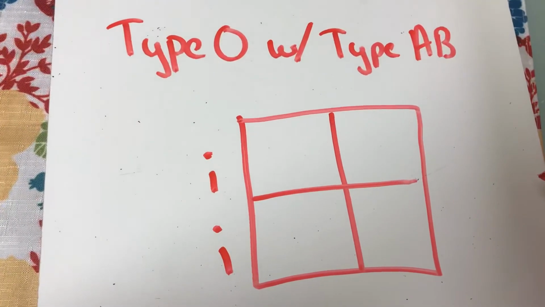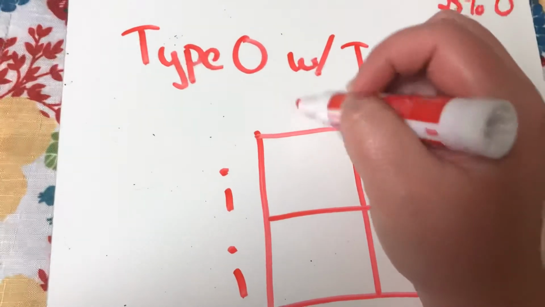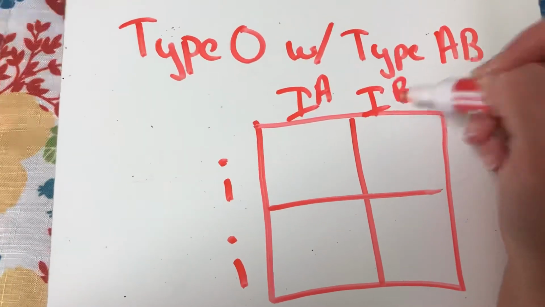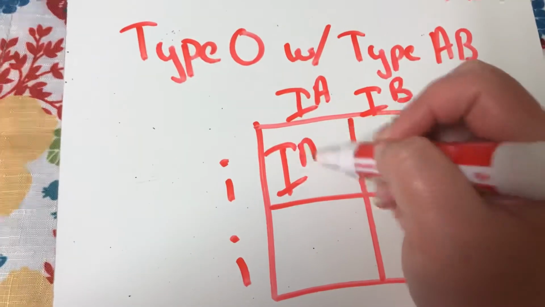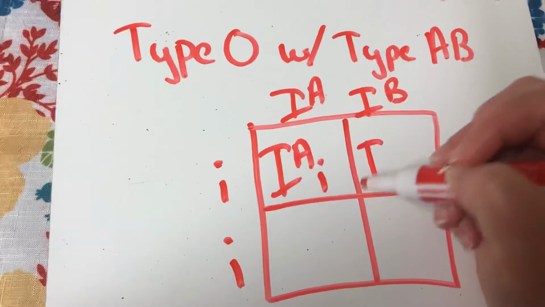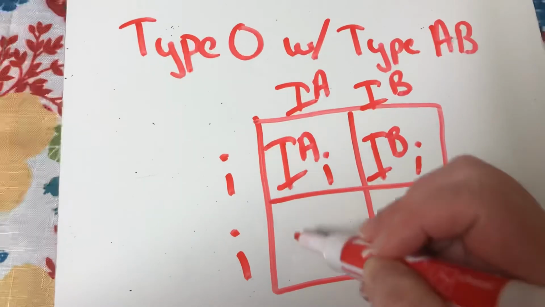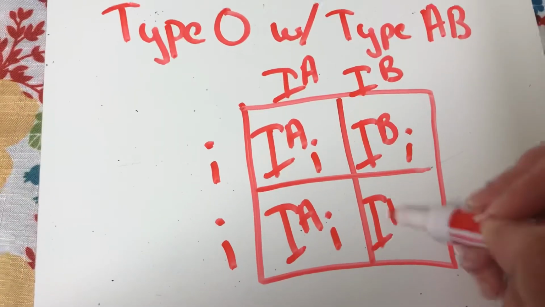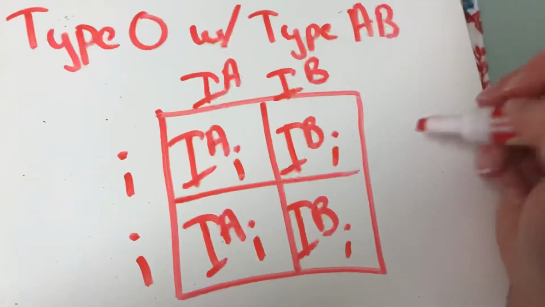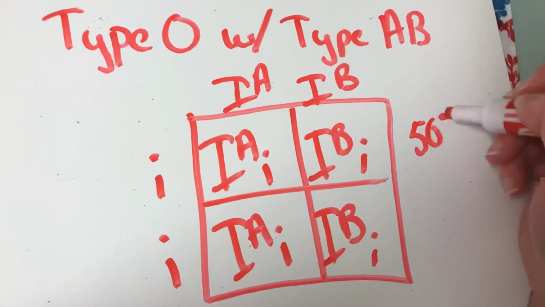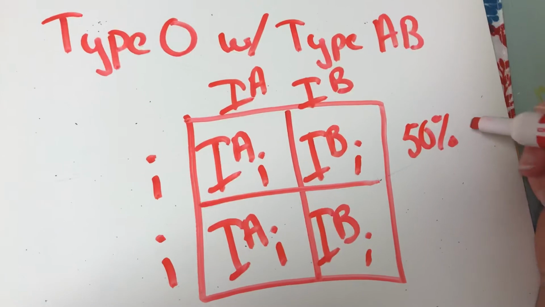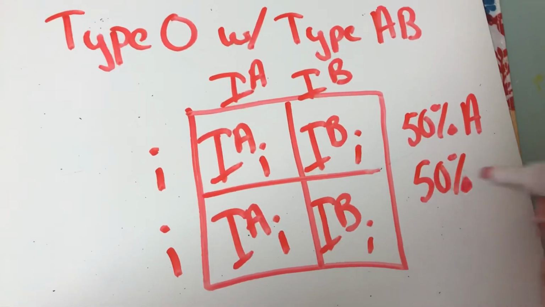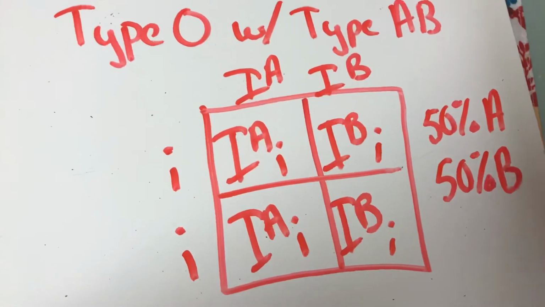If we have type AB, IA, IB. So filling in our squares, we would have 50% A blood, 50% B blood.